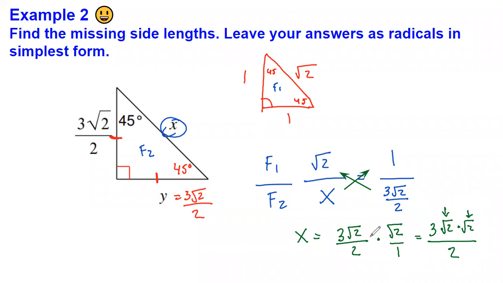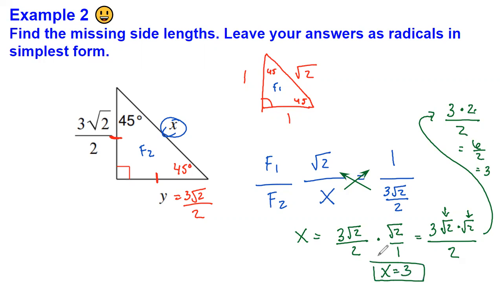So this is going to be 3 times 2 over 2. And what is 3 times 2? 6 divided by 2. So 6 over 2, which equals 3. So therefore, x equals 3. Not too bad, huh?